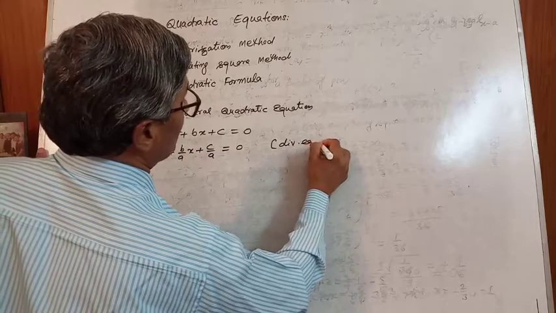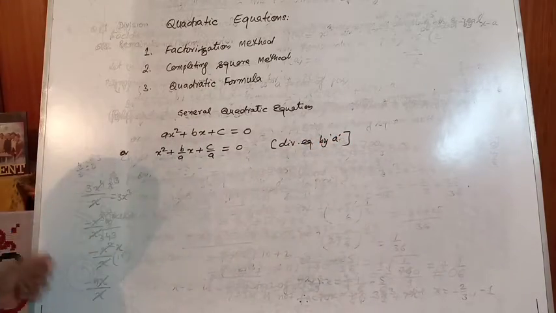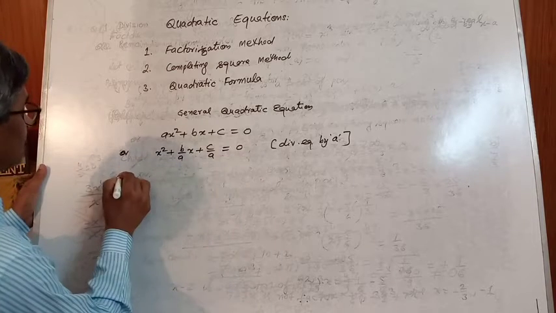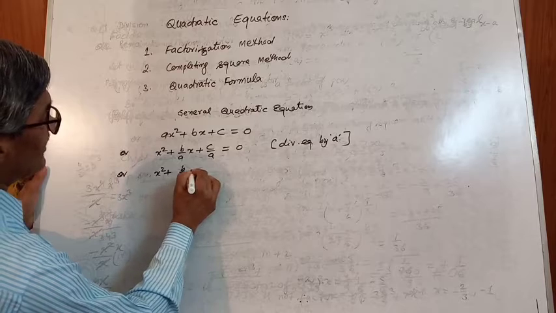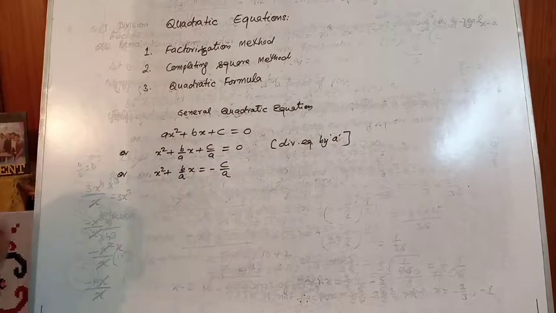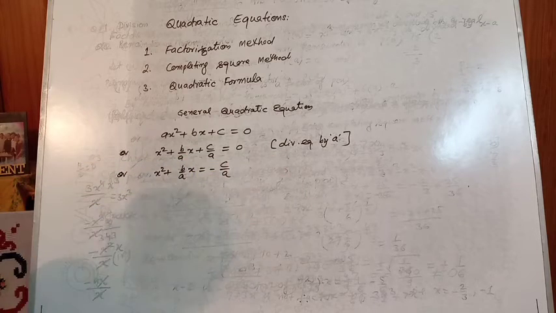Now transpose this constant to the right side. x square plus b by a x is equal to minus c by a.